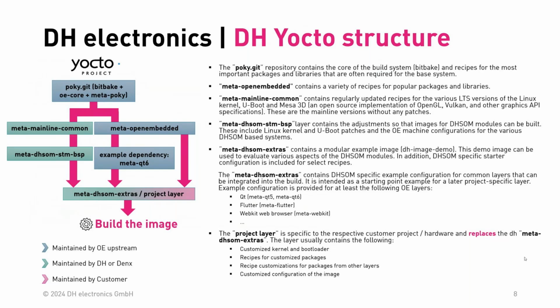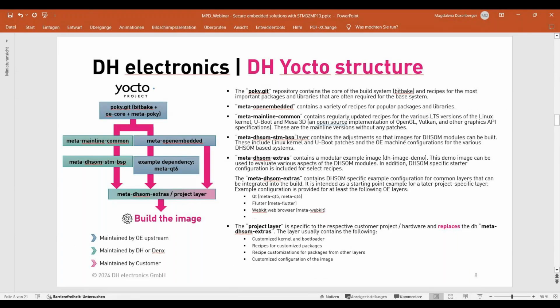And so this has the advantage that the board support package update from v can easily be reused. Overall, the goal is that our customers really can reuse all the maintained layers from us, and they only have their project-specific layer, which needs to be adjusted to their own project.